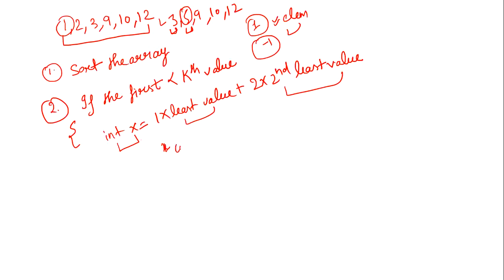Suppose our array is a, so we can simply run a loop that while a of I is less than x, we keep moving inside the loop and keep incrementing I plus plus, and as soon as this condition became false, we will come out of the loop, and at the proper location that we have got, we will insert this value of x. So this is what we can do. Okay, so this is how we will solve this problem.